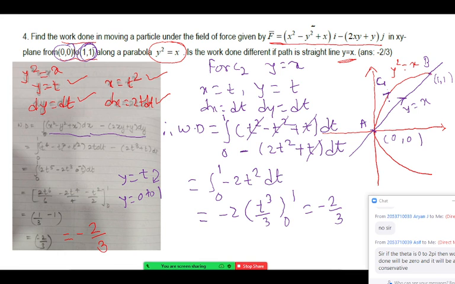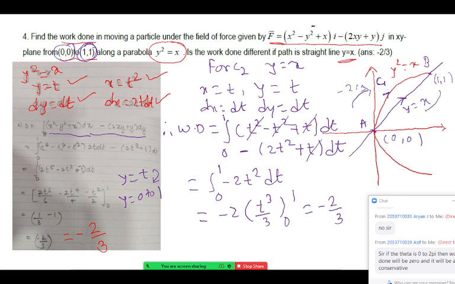Again, that same condition. When we say F bar is a conservative force, the first one, del cross F bar is 0. Second one, work done over closed path is 0. And third one, work done is independent of path. Actually, closed path and this are the same property because from A to B work done is minus 2 by 3. If we move from B to A, it becomes plus 2 by 3.